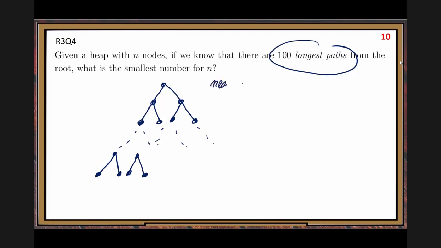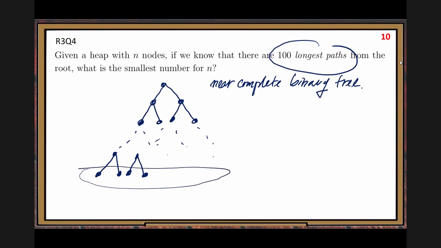Near complete binary tree. That means only the bottom level may not be full. All the other levels must be full.